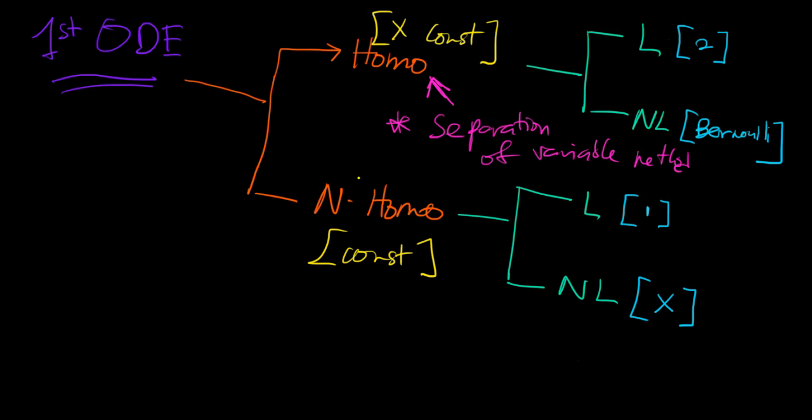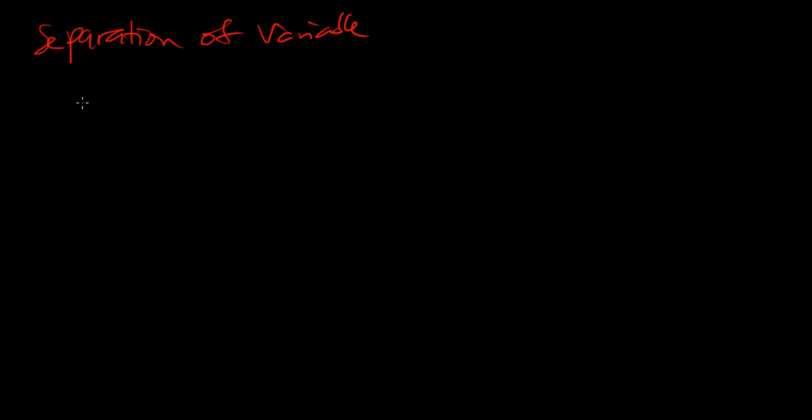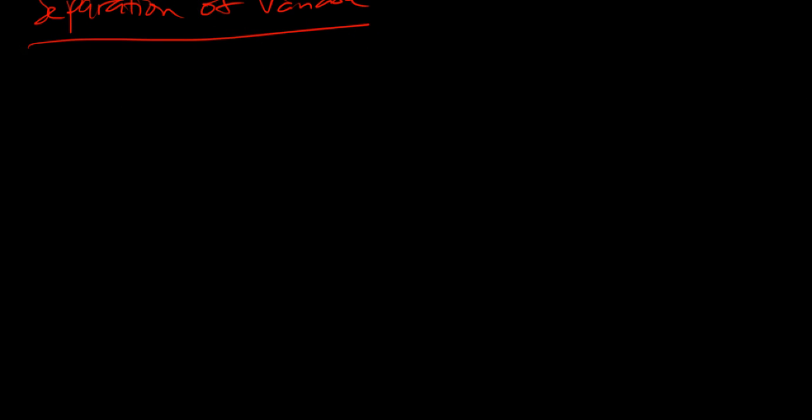Okay, let's go to the second part. Now I'm going to teach you all about the separation of variable method. In this method, there are a few things that you need to know.